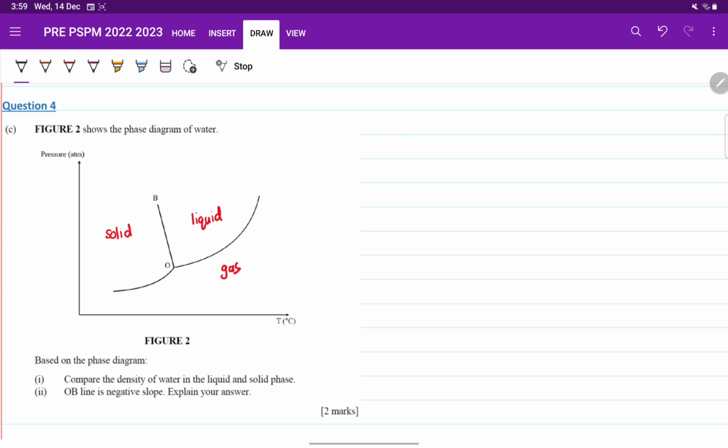Okay, jadi soalan yang pertama, okay, dia tanya tentang density. Compare density of water in the liquid and solid phase. So maksudnya antara H2O liquid dengan H2O solid. Okay, for this one, cara paling senang untuk awak tentukan density ataupun ketumpatan dia adalah, okay, awak bayangkan awak ada satu gelas air. Okay, you have a glass of water. So, water dekat sini adalah H2O liquid dan awak ada ais.